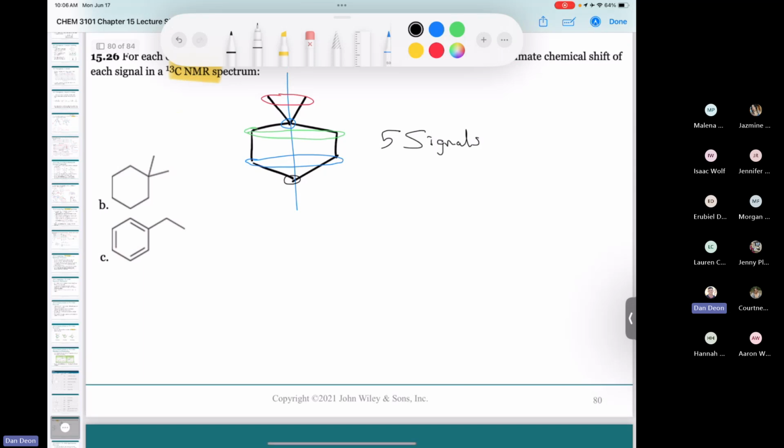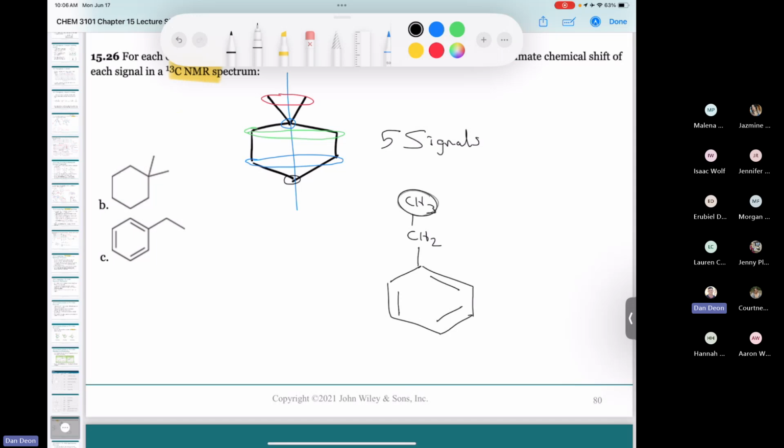So I'll just redraw the compound here. What if we draw it like this? We put the aromatic ring like this, and then we put CH2 and CH3. Anybody figure out how many signals you would see for this compound? Thanks, Rubio. Exactly. You'd see 6, wouldn't you?